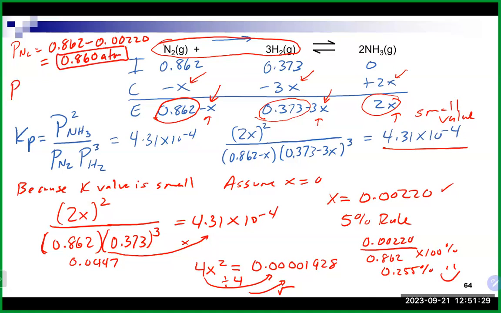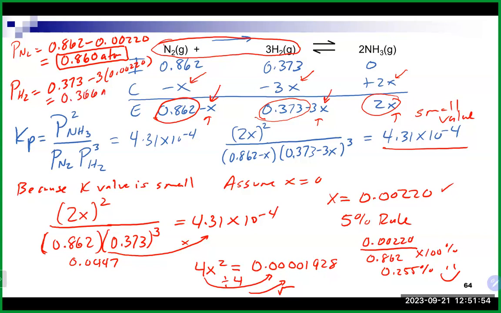The pressure of H2 will be 0.373 minus 3 times our X value. And that will give us 0.373 minus 3 times 0.00220. That's going to give us 0.366.